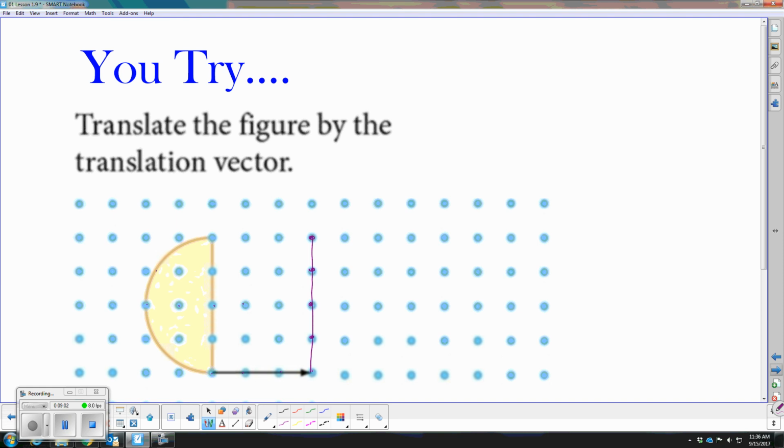And maybe this one too is kind of a guide. 1, 2, 3. Here we go. 1, 2, 3. And now maybe I'll do this one too. 1, 2, 3. 1, 2. And now I just connect all of my dots to make my translated figure.